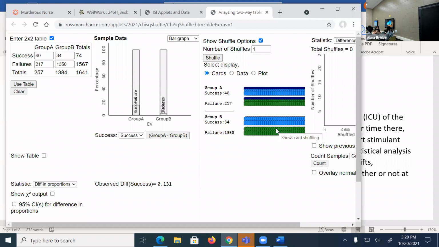It's the difference in proportions, P hat working minus P hat not working. So we do the 10th one, so 40 over.